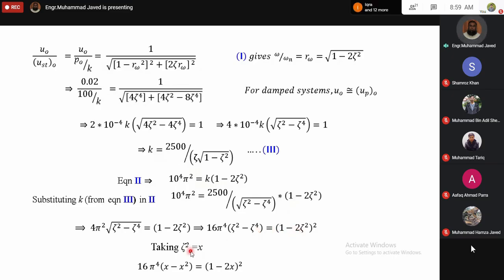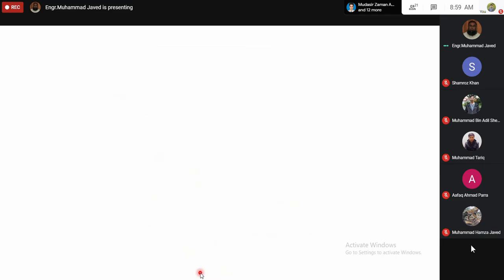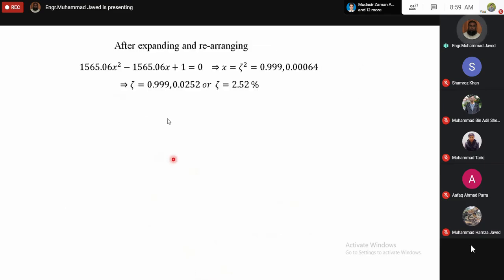Replacing zeta square with x will result in this form, and if we expand this equation, we get a quadratic equation which will have two roots. Now x is basically zeta square. So zeta square has two values.